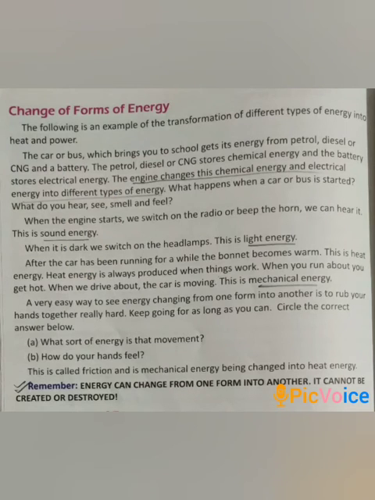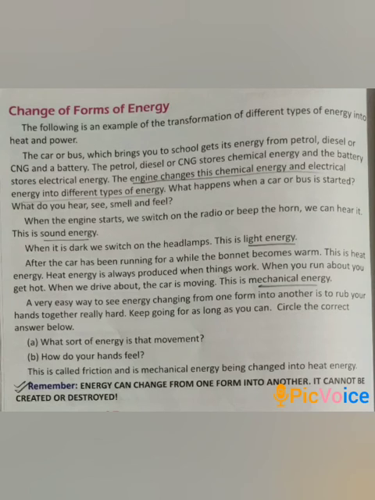Change of forms of energy. The following is an example of the transformation of different types of energy into heat and power. The car or bus which brings you to school gets its energy from petrol, diesel or CNG and a battery.